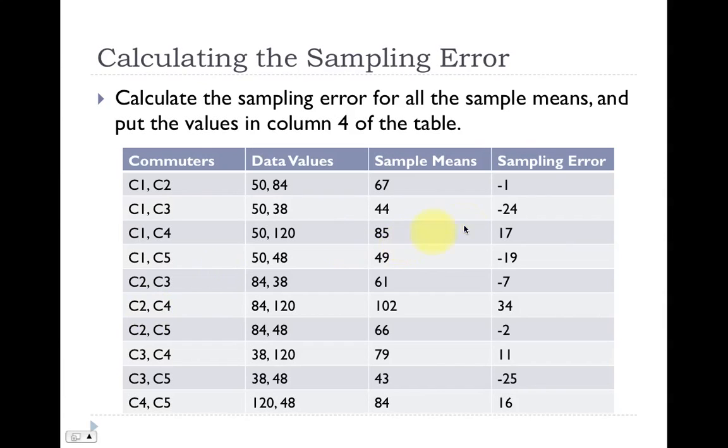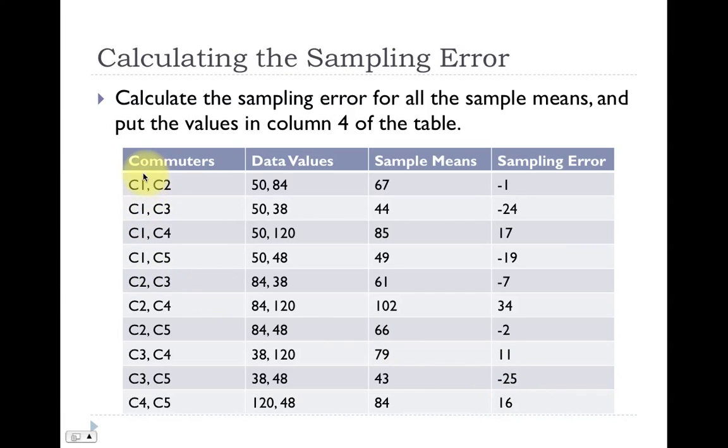Okay, so for the sampling errors, some are negative, some are positive, because some are below the population mean and others are above it. The absolute value of each gives us an indication of how far away from the population mean that sample mean is. Let's recall this whole process.